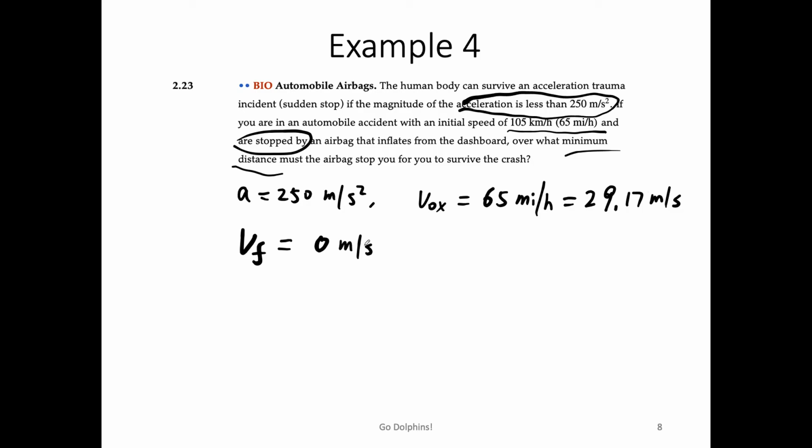Those are the three known quantities, and we need to find the displacement. We need to find the equation that has these four variables. If you check those five equations, you find that the fifth one has everything, and you can solve for delta x now.